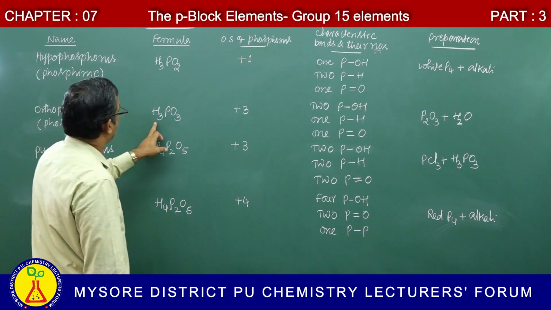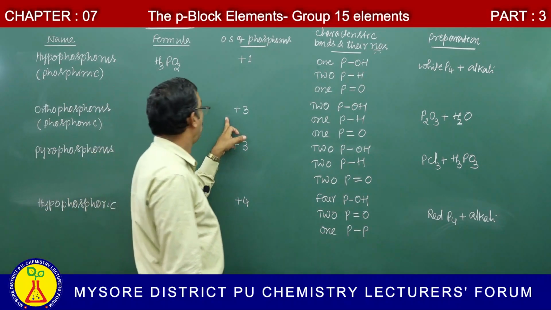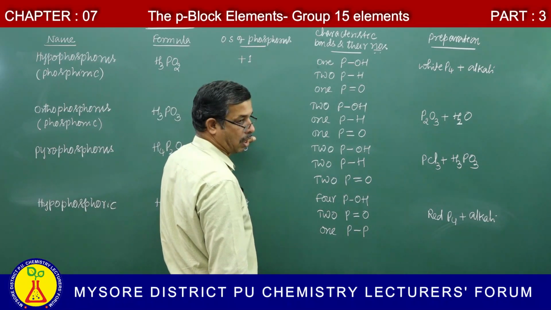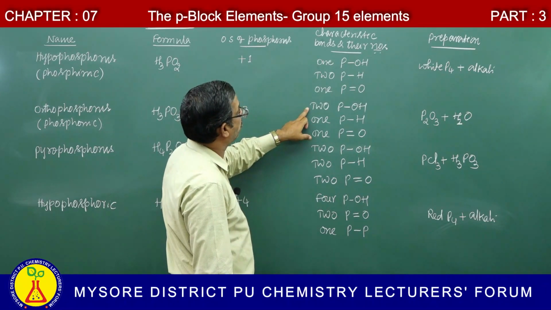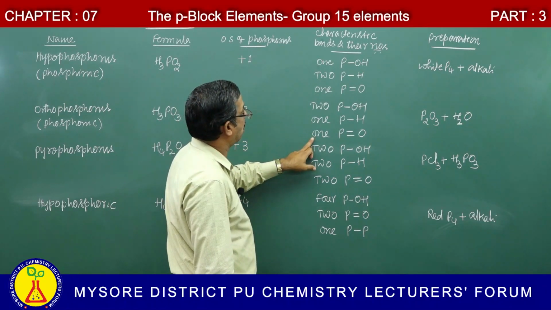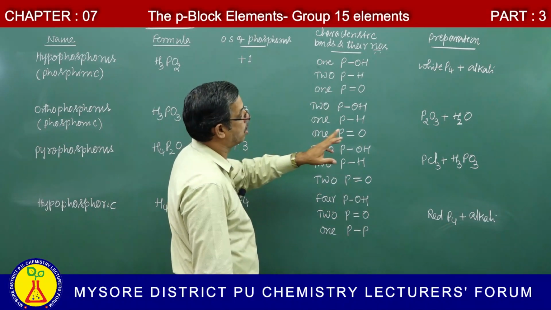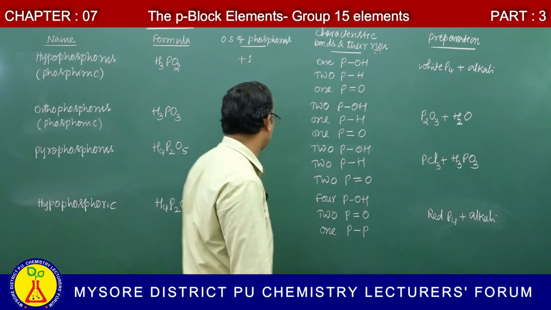Orthophosphorus acid, its formula is H3PO3. Oxidation state of phosphorus in H3PO3 is plus 3. It contains 2 POH, 1 PH and 1 P double bond O bonds. It can be obtained by treating P2O3 with water.